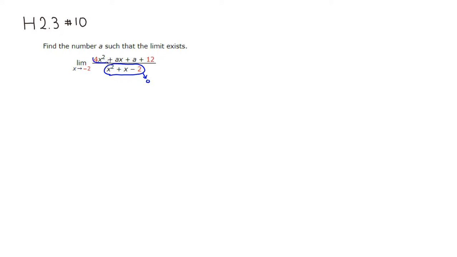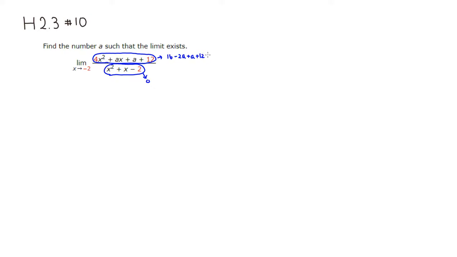Put the -2 in there: 4 times 4 is 16, so I'll write that down, 16. Then you have a negative 2a, and then a plus a, and also a plus 12.